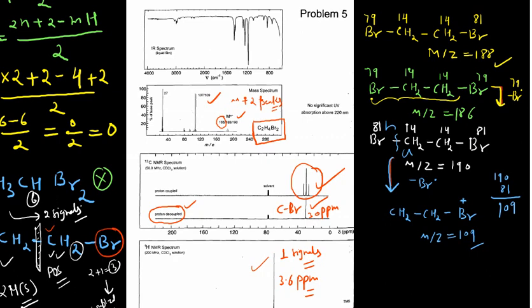So that means a total of 186, and from this 186 you have removed your 79 part. So 186 minus 79 is 107. This is the m/z value, and you have the peak at 107 also. So this is quite sufficient to explain the mass spectrum.